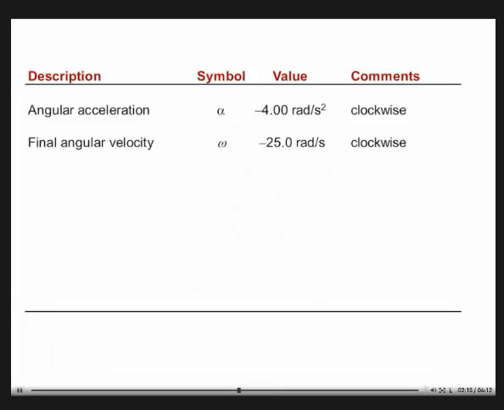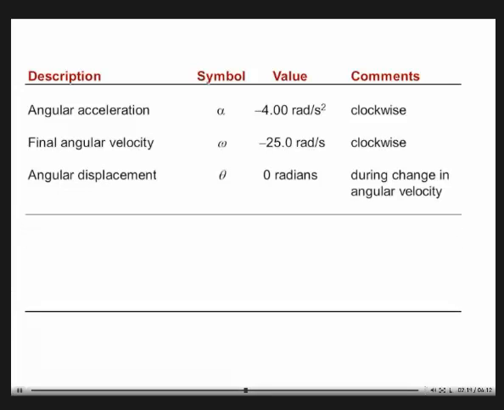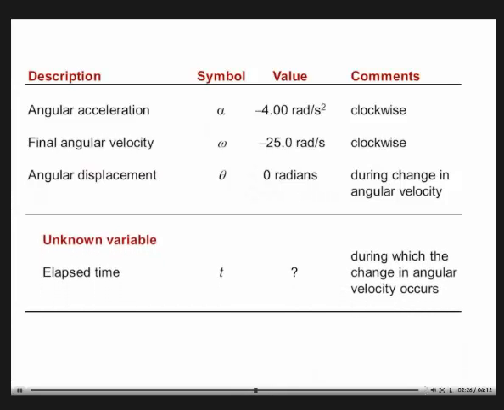This has the symbol omega. We are told that during the change in angular velocity the angular displacement theta is 0 radians. The unknown variable to find is the elapsed time during which the change in angular velocity occurs. This is labeled t.